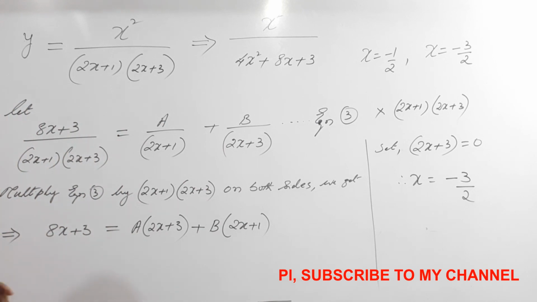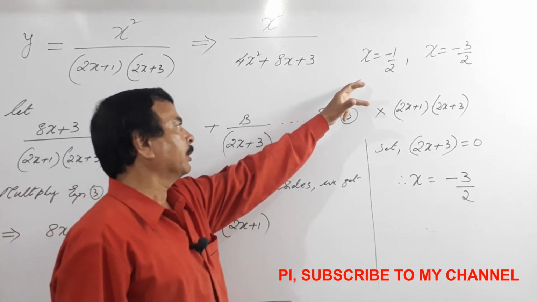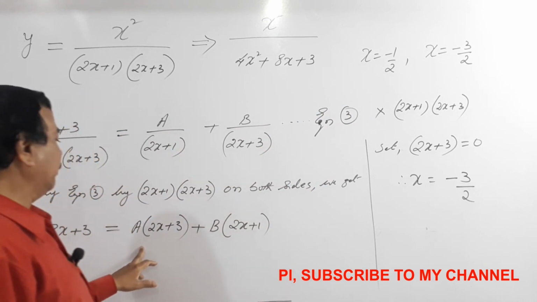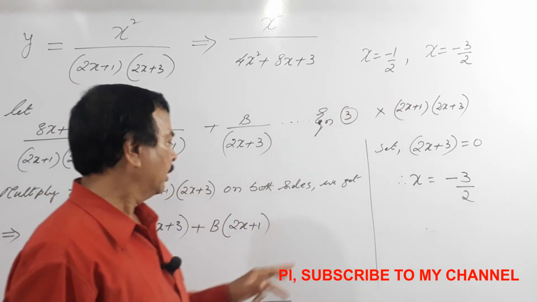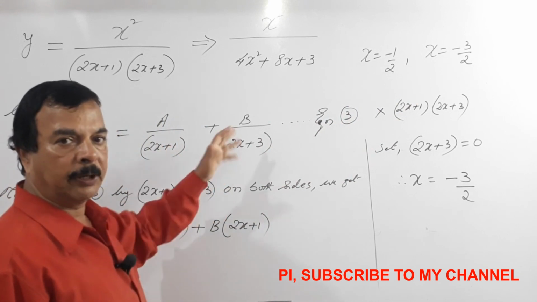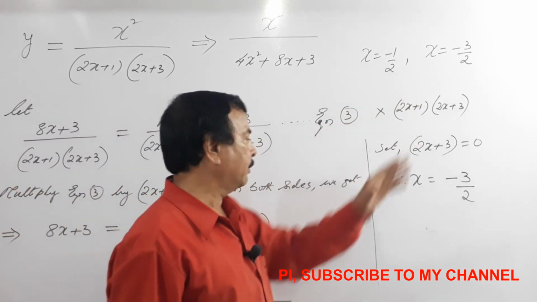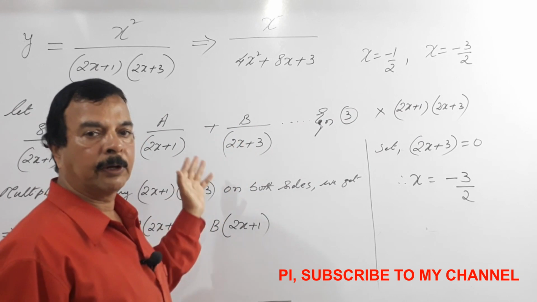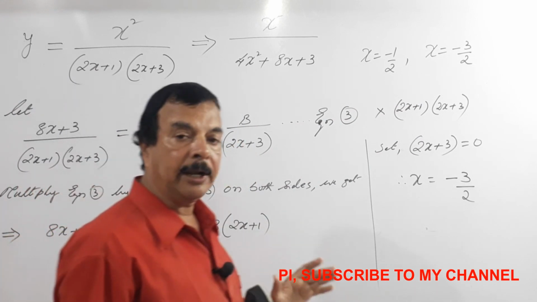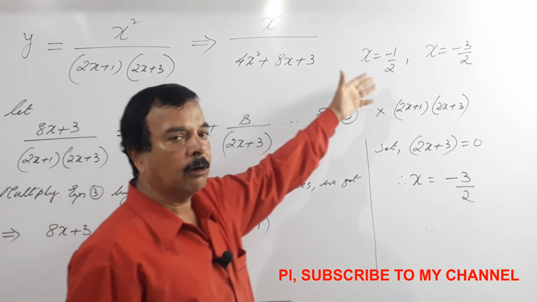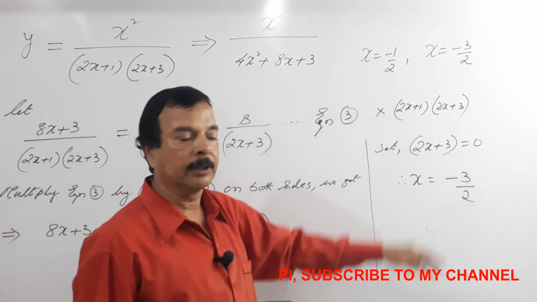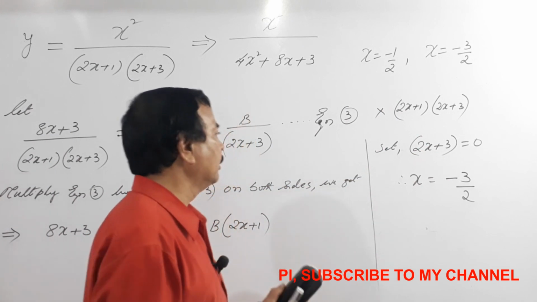Now if I substitute in this equation, first case, put x equals to minus half, we'll get a value of a or b. If I put x equals minus 3 by 2, we may get the value of b or a. So the main idea is to find the values of a and b. For that, all this exercise I am doing, which we have done earlier. So I'll rub this.